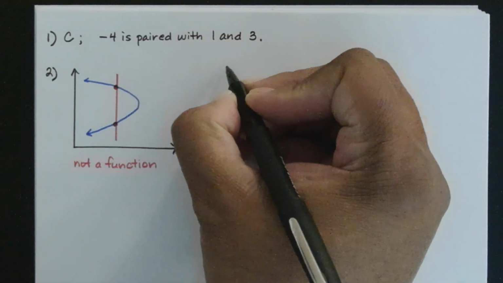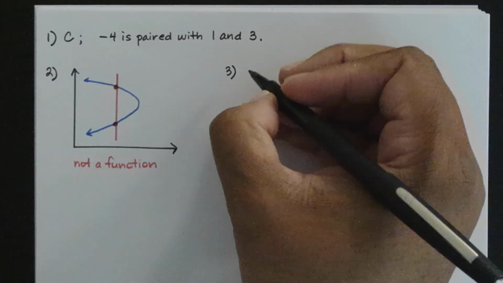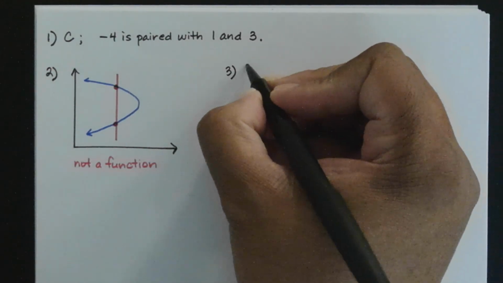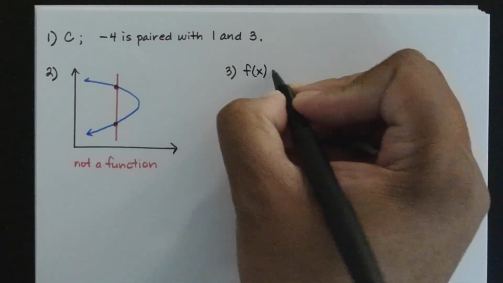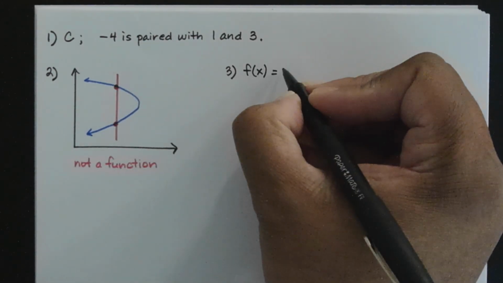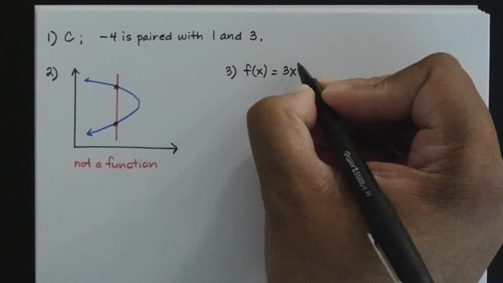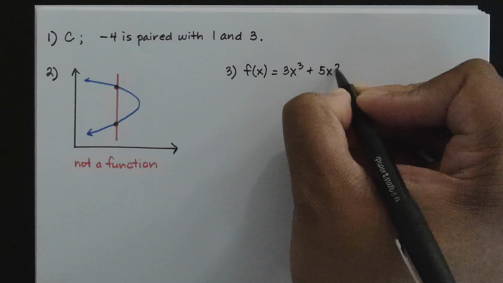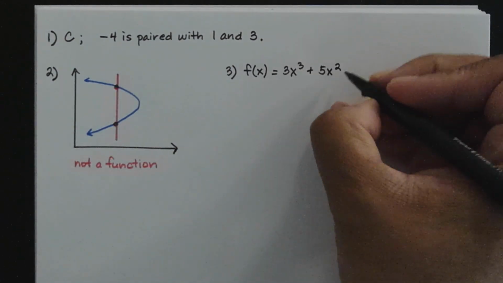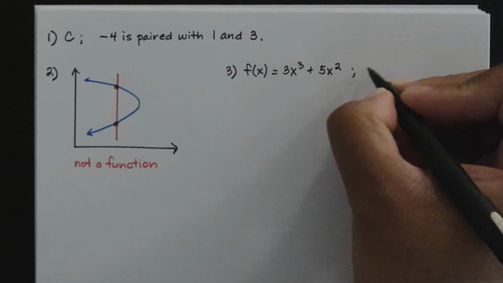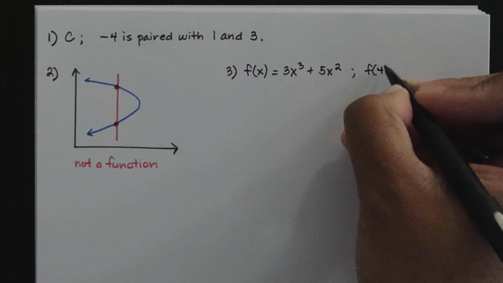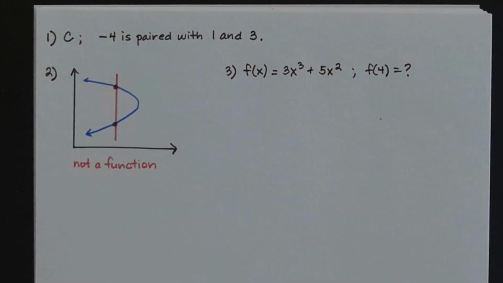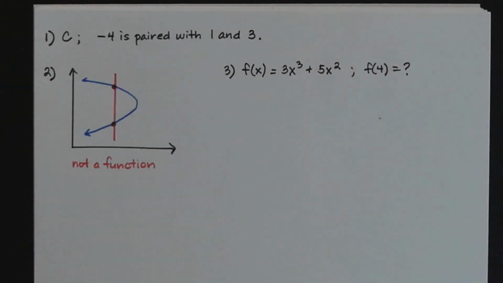All right, number 3. For the function f of x is equal to 3x cubed plus 5x squared, we want to find out what f of 4 is equal to. So here I want to find out what f of 4 is equal to.